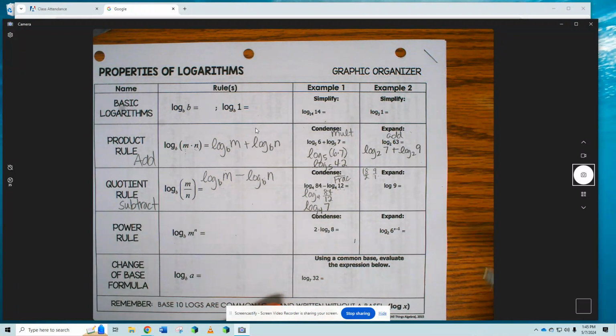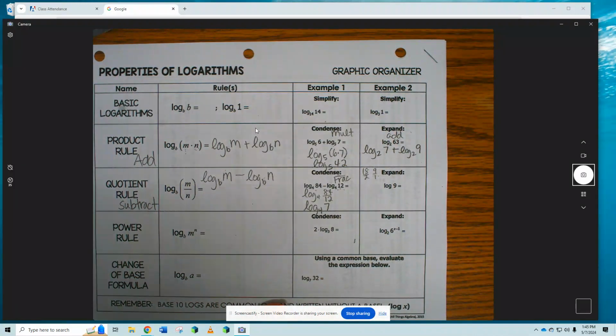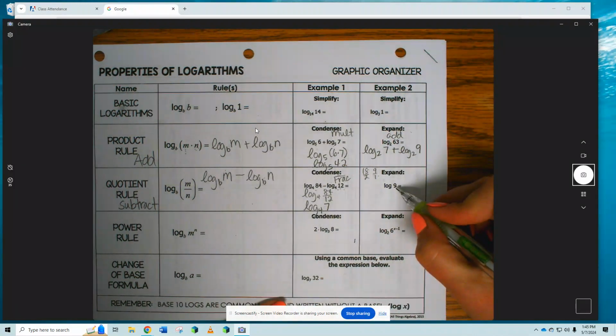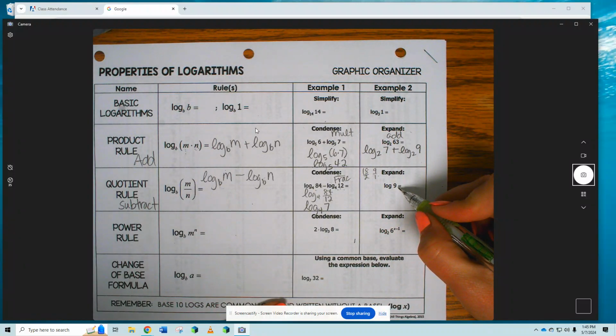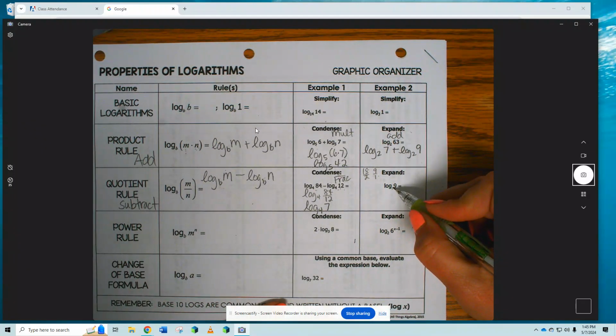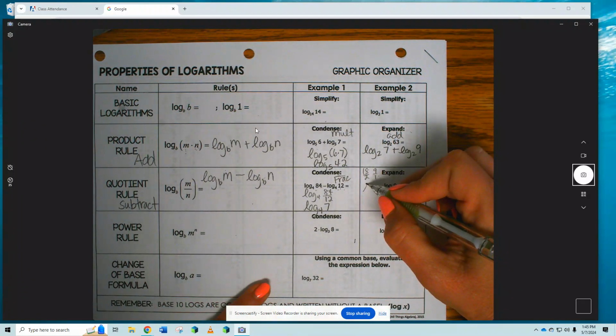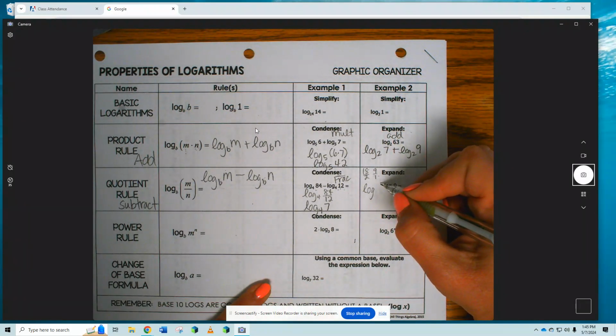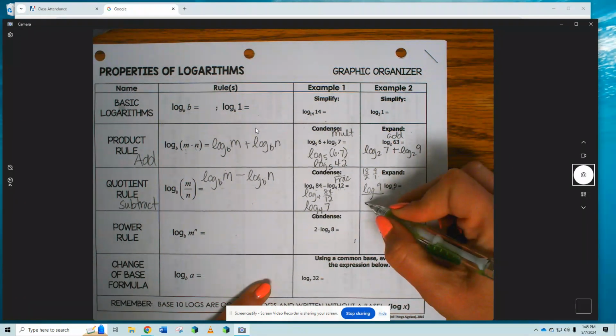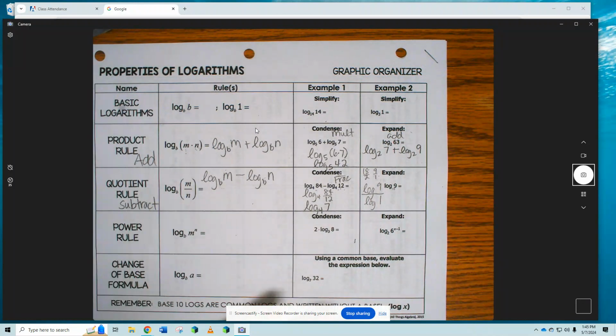Any one of these combinations is fine. Let's pick the easiest one, 9 and 1. What base is this? Because I don't see a base written. 10. When nothing's there, it's a 10. Here we go. Log base 10 of 9, fraction bar, log of 1. 9 over 1.